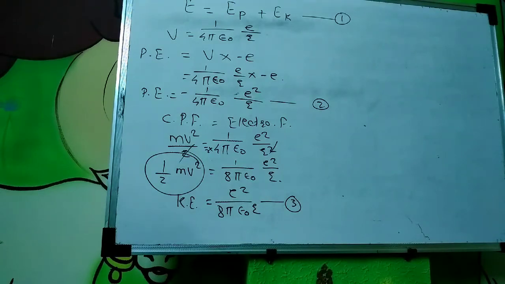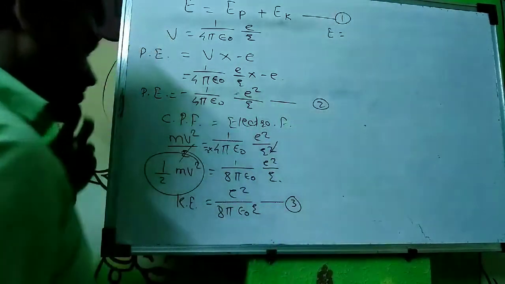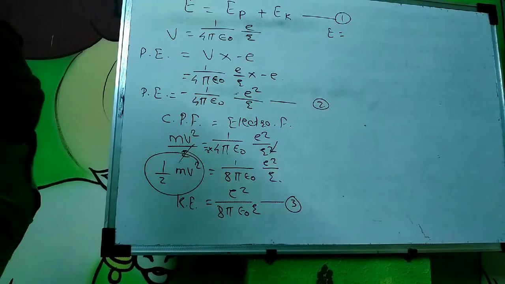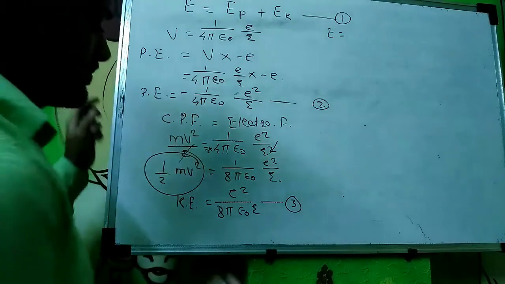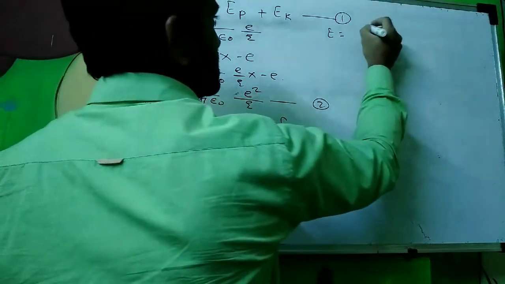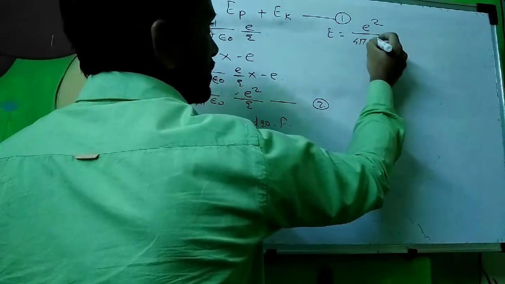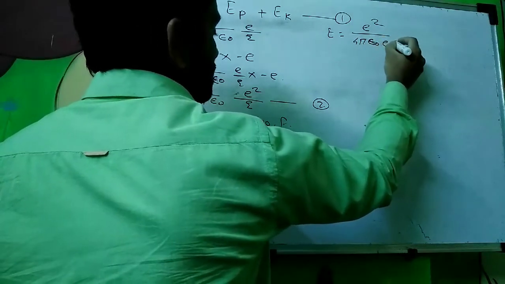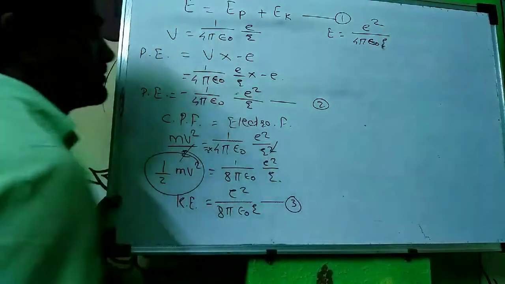From equations 2 and 3 we have the values of potential energy and kinetic energy. Put these values in equation number 1. How can we write the equation for total energy? Total energy becomes, put the value of potential energy. What is the potential energy? Potential energy is e square by 4 pi epsilon naught r.